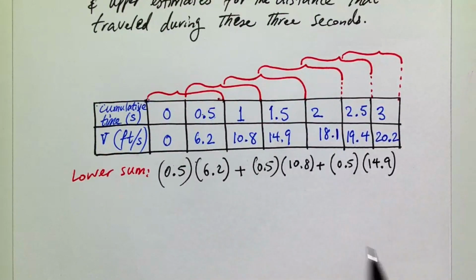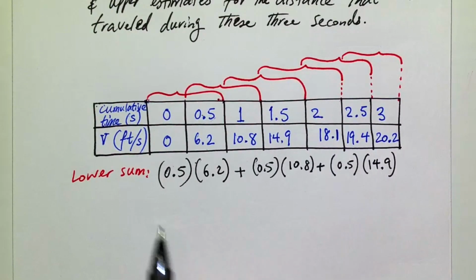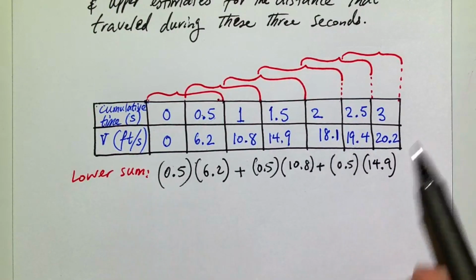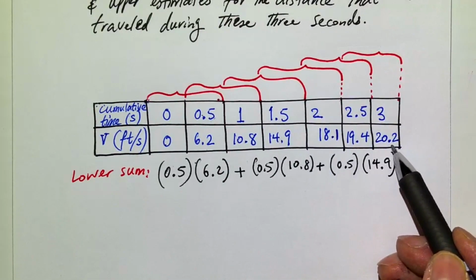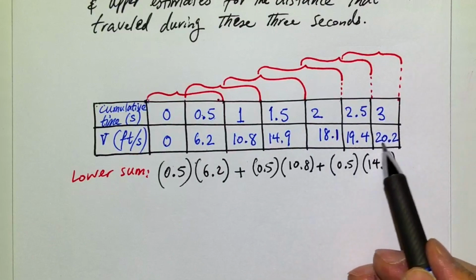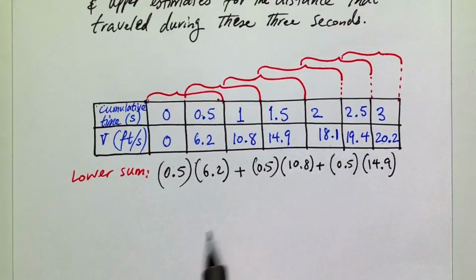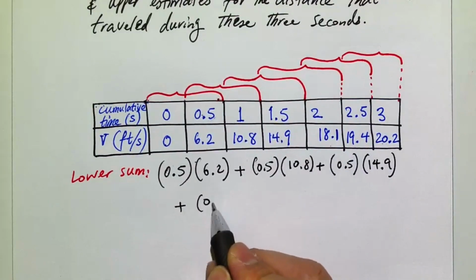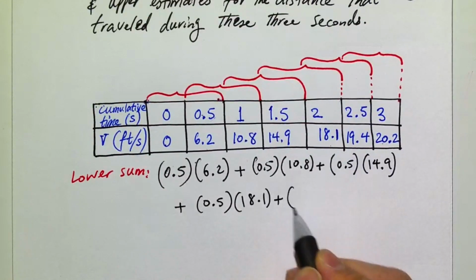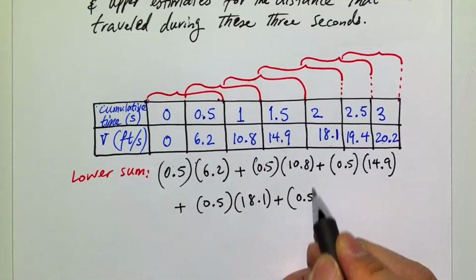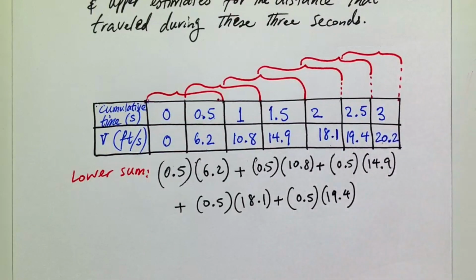This way of calculating generates the lower sum, because this is where we're going to stop. We're not going to include 20.2, and the upper sum will include the 20.2. And then 18.1 times 0.5 plus 0.5 times 19.4. Okay, that's the lower sum.